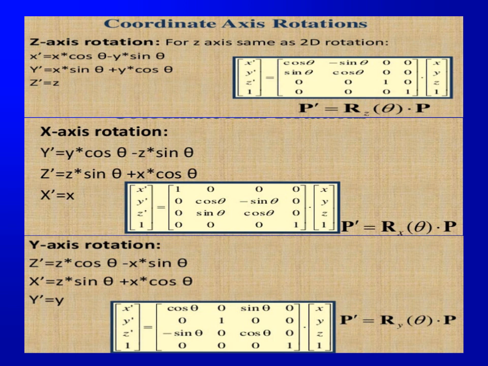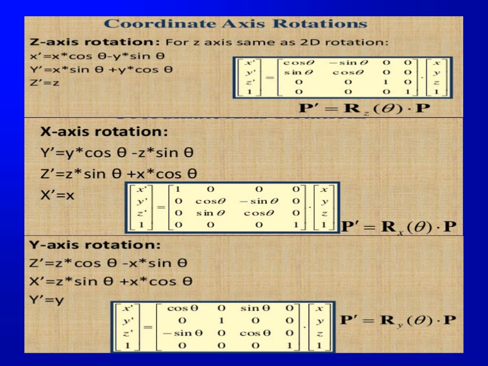Why 1? Because this is the x-axis rotation, that's why the first row is 1 0 0 0, okay. Then the second row is 0 cos theta minus sin theta and 0, third is 0 sin theta cos theta and 0, and the last row is 0 0 0 and 1, okay.